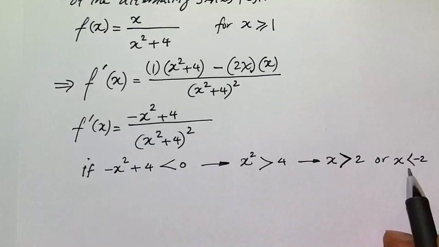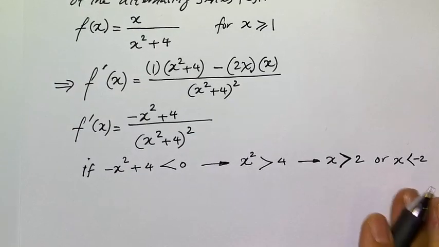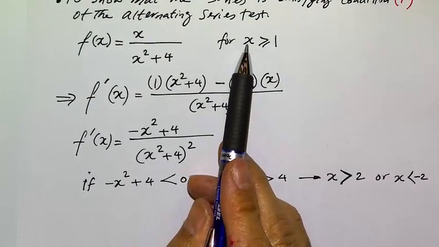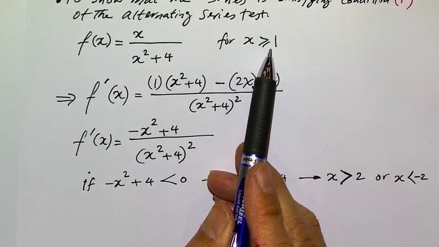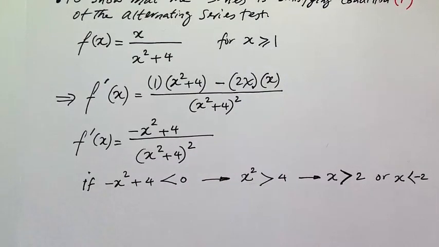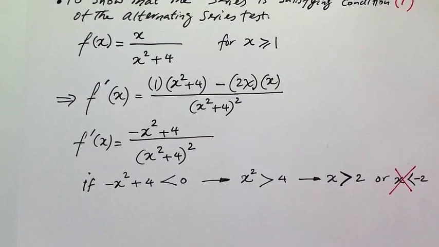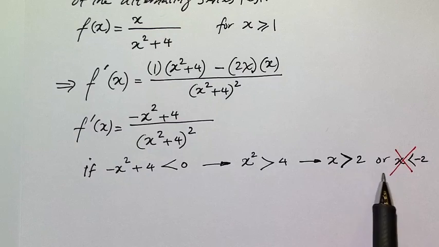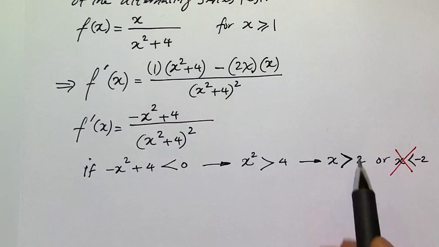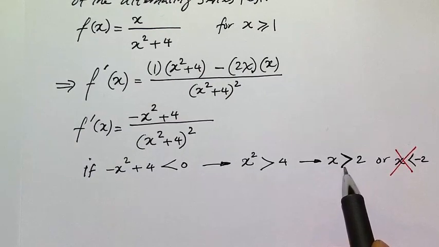Now, we cannot accept x less than negative 2, because remember, x is mimicking n, and x has to be 1 or greater. So that one is out of the question, and we can just say that x greater than 2 is the acceptable one.